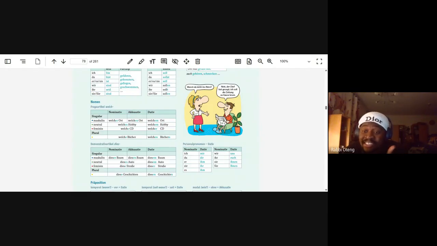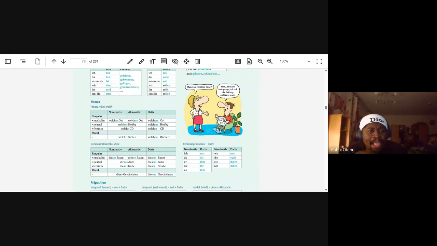So with which man did she come to the party? Then mit welchem Mann. So you can start questions even with prepositions. So the mit will come before the welchem. Mit welchem Mann ist sie zur Party mitgekommen oder gekommen, simple.